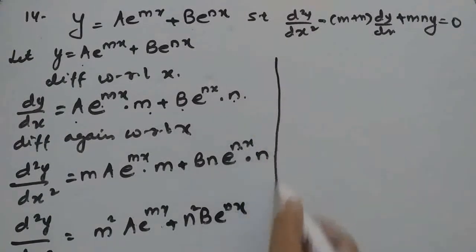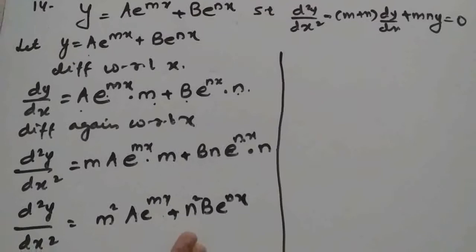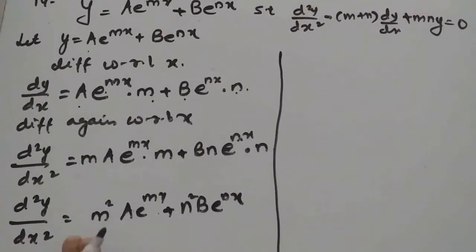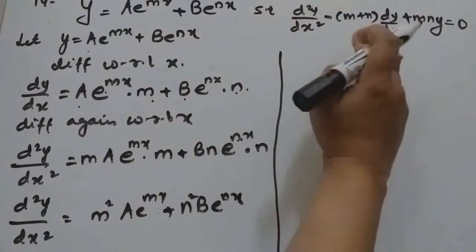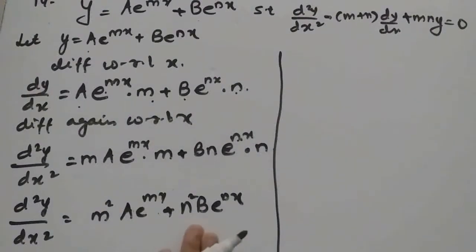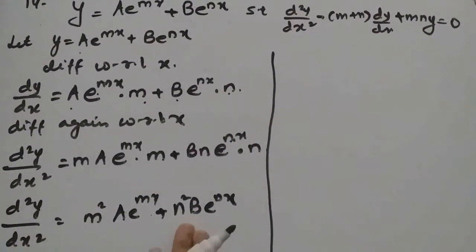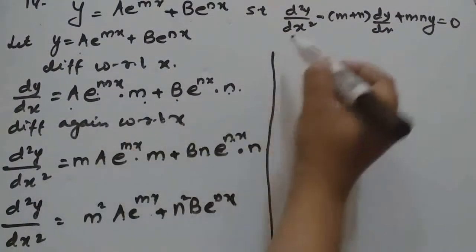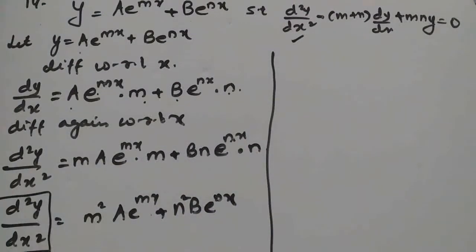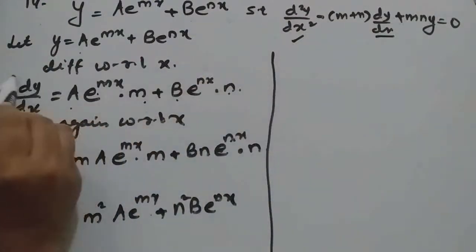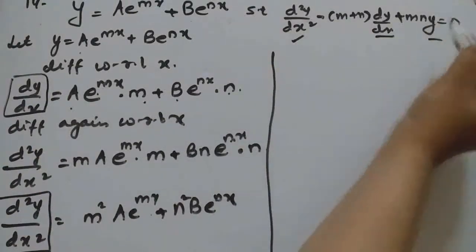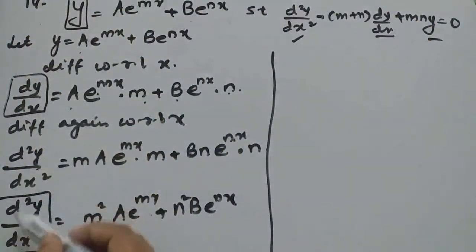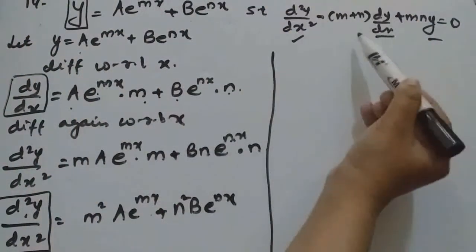See, sometimes it is difficult to get from this expression to the expression we have to prove. So sometimes how we can solve, we can find the values. We got the d²y/dx² value, we know the dy/dx value, and we know y also from the question. So these three values we will substitute here.